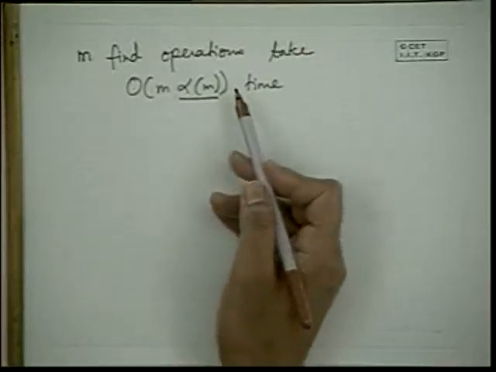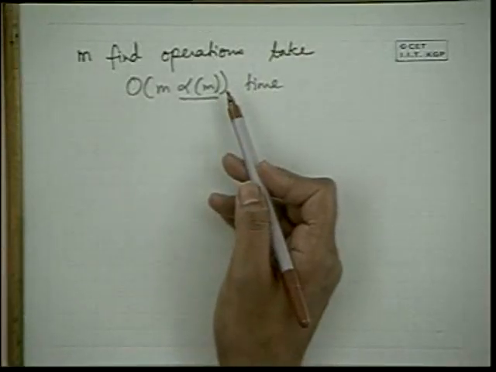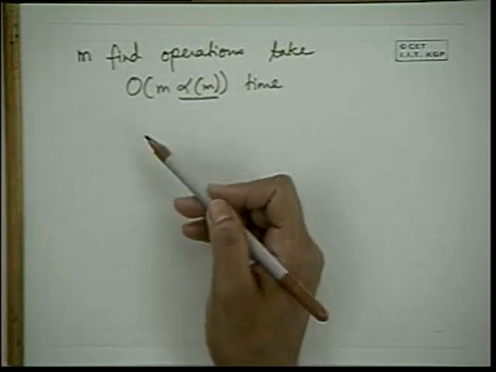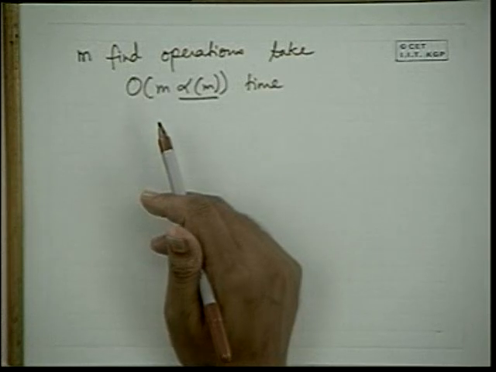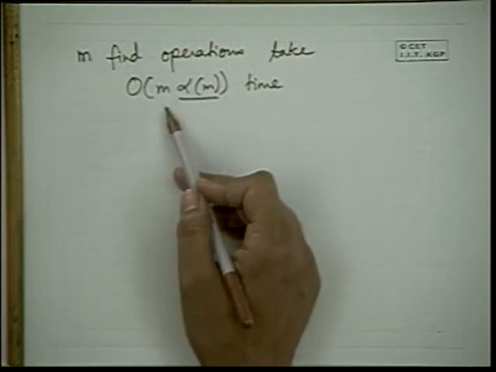Okay. And you have already seen the union operation depends on the find operation, its complexity. So again m union operations will take m alpha m. So now the amortized complexity of both the operations is almost constant. It is not exactly constant because it is not m.